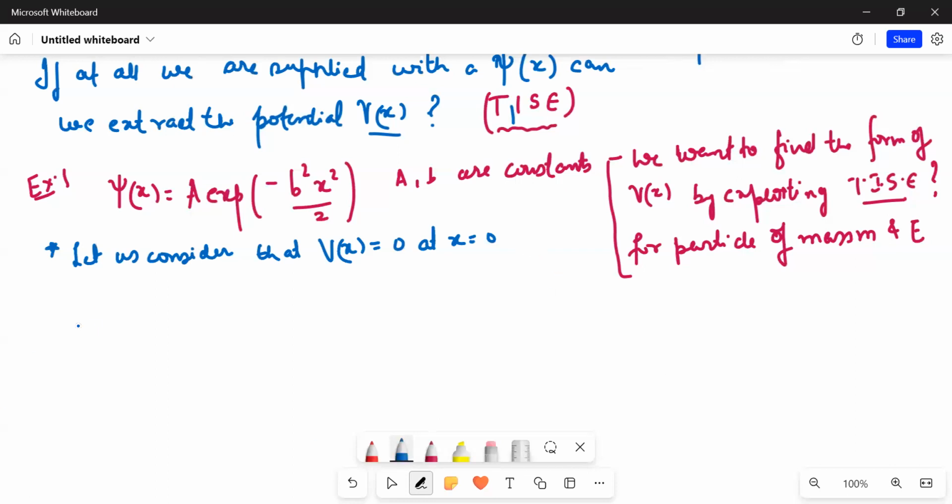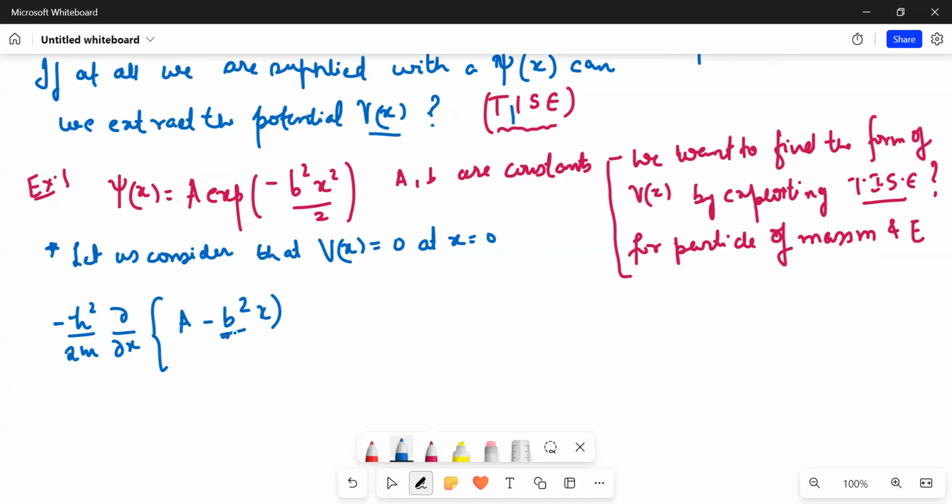We know that this is a completely x-dependent function. So I'll simply use the time-independent Schrodinger equation, which is minus h bar square upon twice m, del by del x of, what will be the derivative of this? This will be a times minus b square upon 2, and 2 cancels.